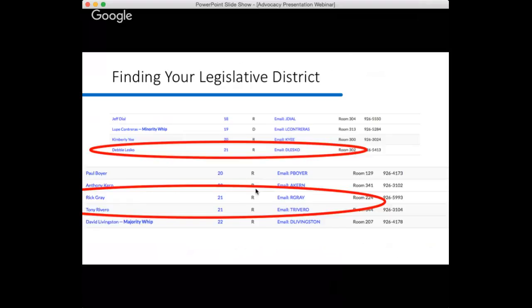Now, we talk often in APAD about making sure that not only do you use your personal district where you live, but that you also look at the legislative district where your organization has its main buildings. If you have an administrative building, make sure you know what legislative district that is.